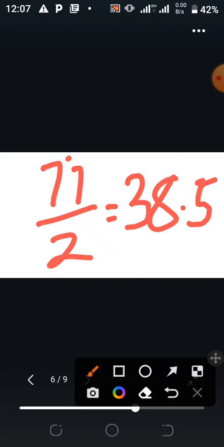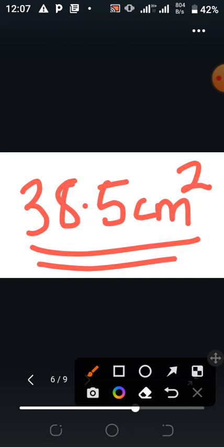Now, because we are dealing with area, this is another thing the students should know. Once you've got your answer, which is 38.5 cm, let's put it clearly: because it's area, you must put square here. 38.5 cm squared. That's what we'll do, because areas are squares. You understand?